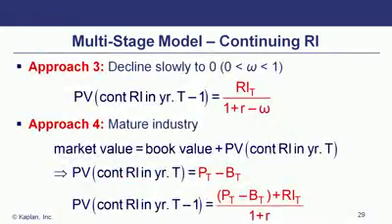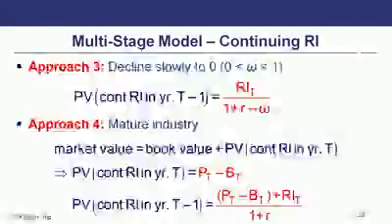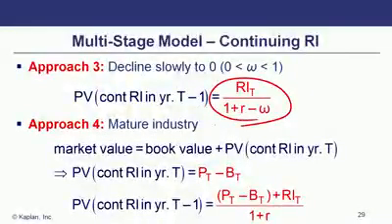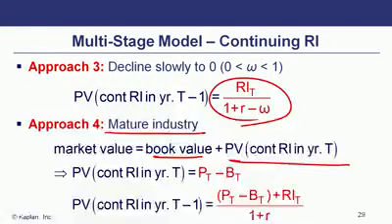And then the third approach is if it declines slowly, where the persistence factor is between 0 and 1. So it's the present value of the residual income over 1 plus the required rate of return on equity minus the persistence factor. This basically is slowly declining to 0. And then in a mature industry, the market value essentially equals its book value plus the present value of any residual income in the continuing residual income in the final year.